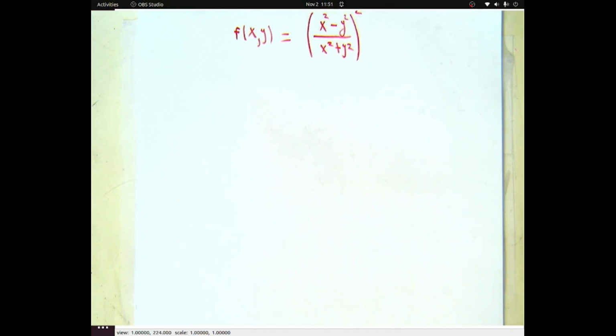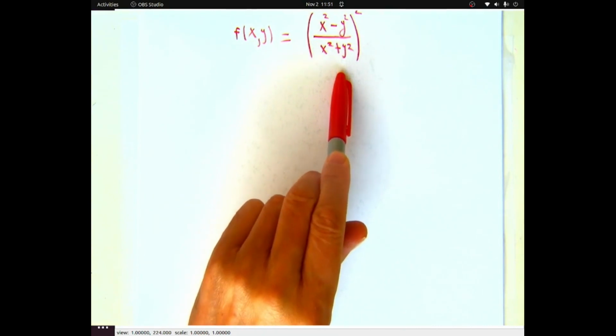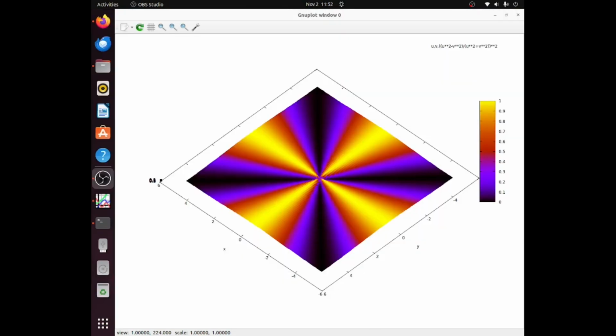If you didn't know any better, you would think that that's going to mean the graph is perfectly nice. It can't be anything bizarre or anything like that. Let's draw the graph of z equals that and see what we get.